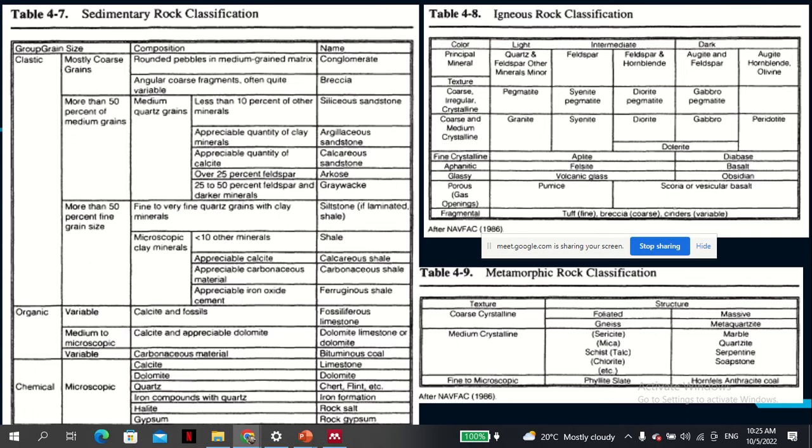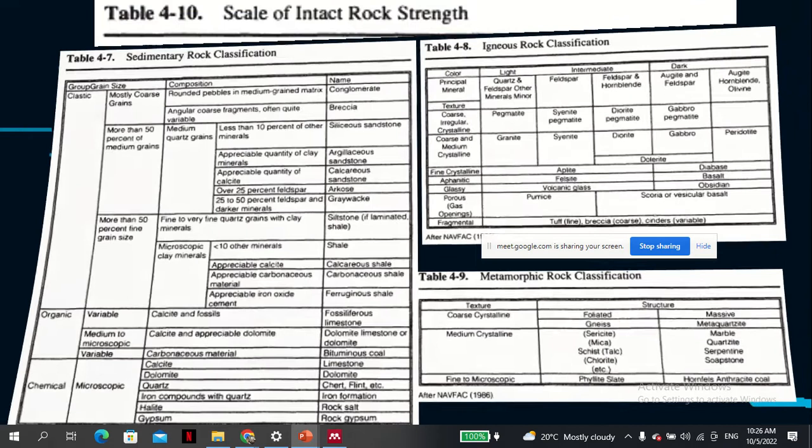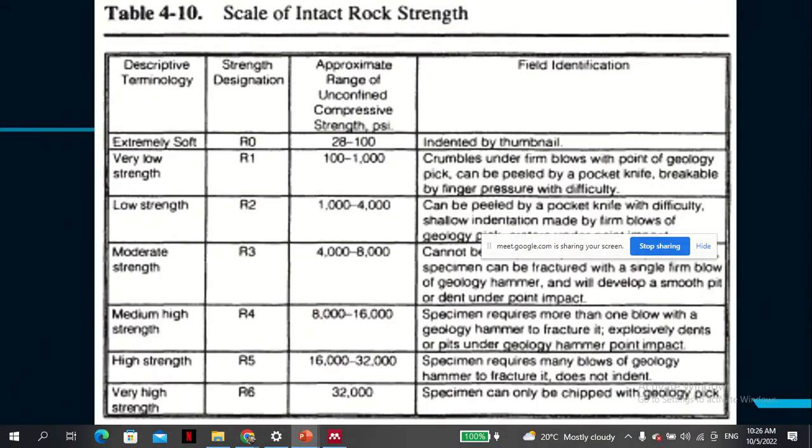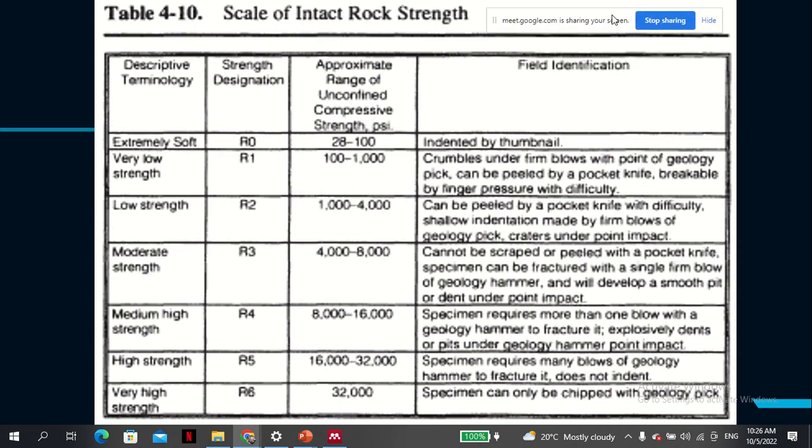So this other table is showing you the strength, basically how to describe it.